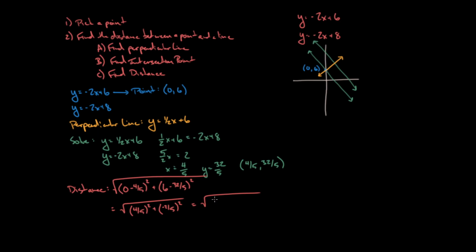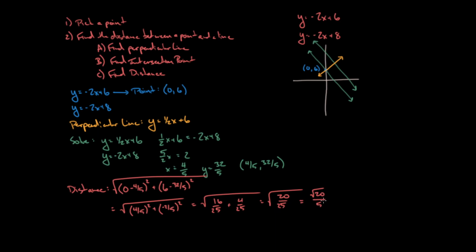This is 16/5 plus 4/5, which is just the square root of 20 over 5. Wait a second. That's bad math. Oh, I can do this. 25. I forgot to square the denominator. 25, perfect.